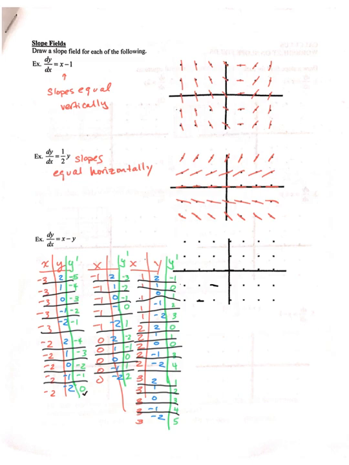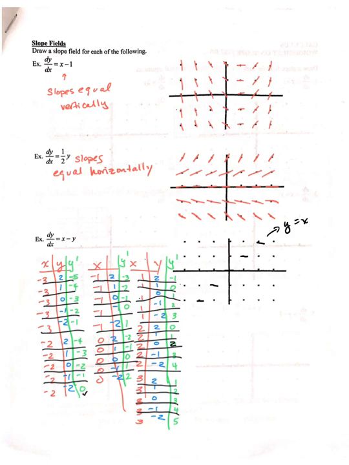Okay, I have 1, 1, 2, 2. Okay, I just realized this should have been 2 here. Sorry about that. Okay, so then I'm going to keep in mind, what is this line? This is the line y equals x. So if you realized from the beginning that when y equals x, those slopes are 0, you could do that.